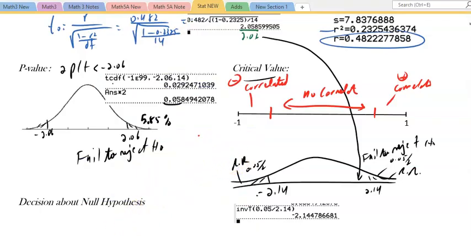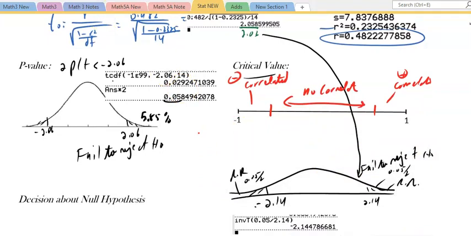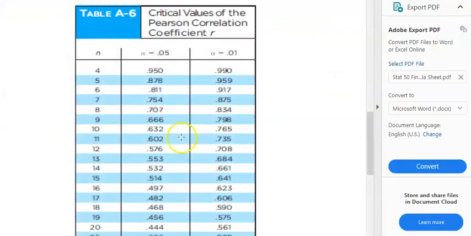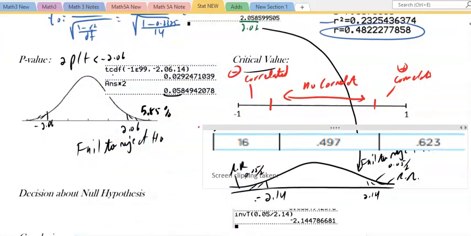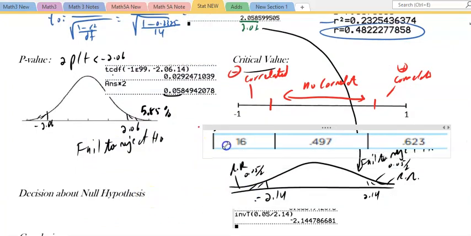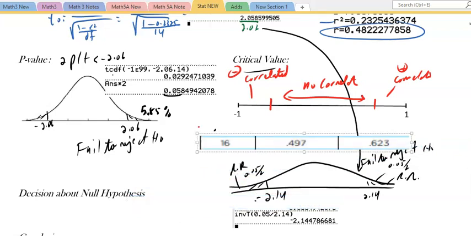Let's cut off n equals 16, and let's take both values in. That's not a problem, we will adjust them in a minute. So, since alpha is 0.05, we know that this is negative 0.497 and positive 0.497.